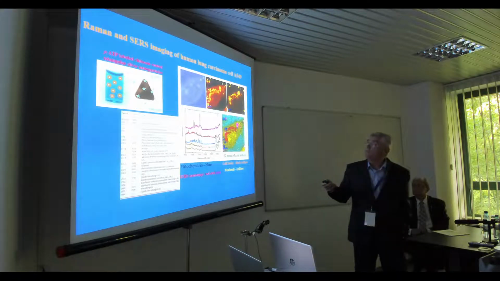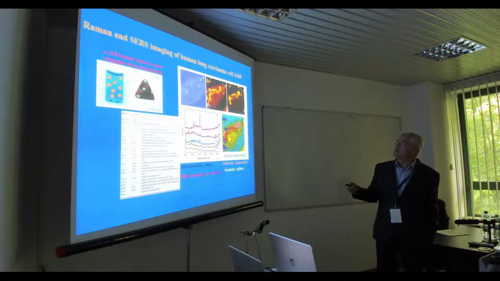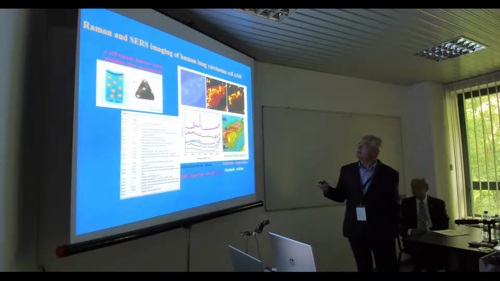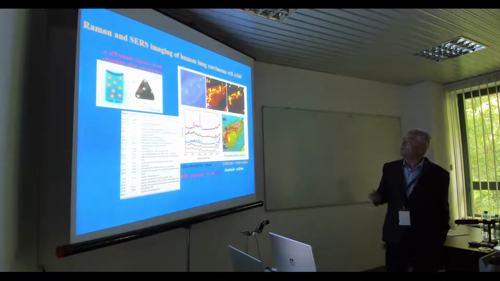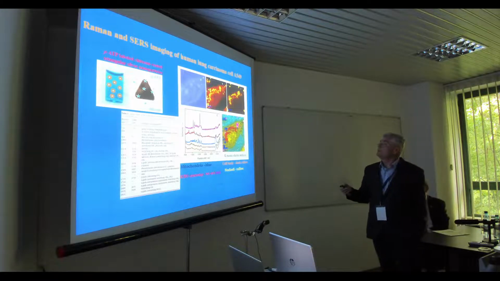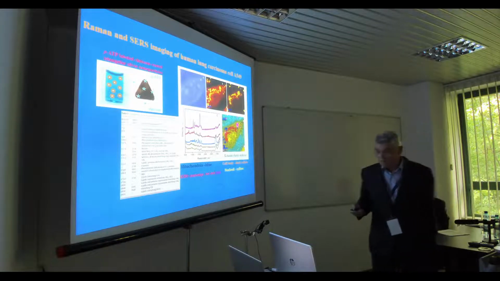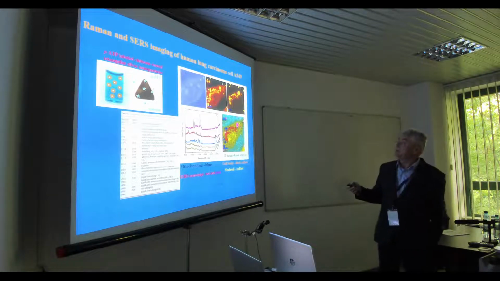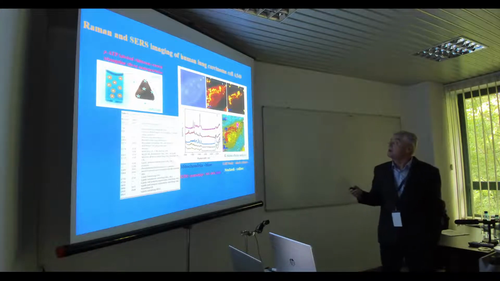understood. Here is not very clear, but it's a bright field imaging of the microscope, bright field microscopy. And then here is Raman map of the same cell, single cell imaging.